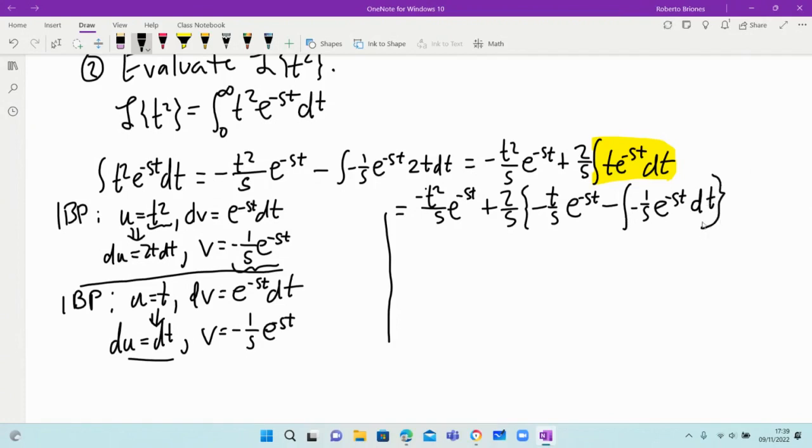And then we close the expression. So this is equal to negative t squared over s times e to the negative st minus 2t over s squared times e to the negative st. And we have minus 2 over s squared times the integral of e to the negative st dt.